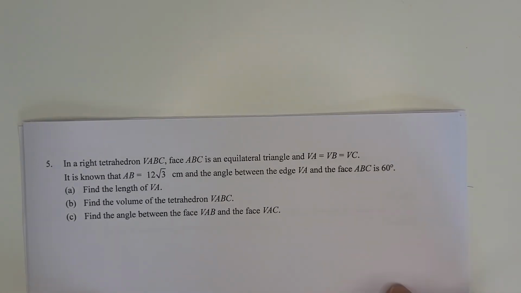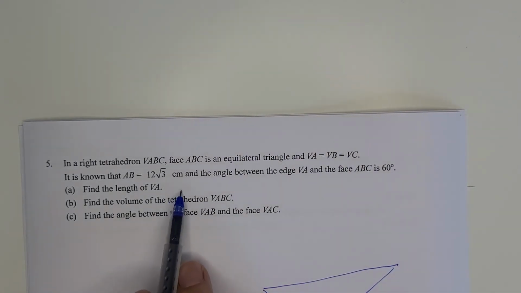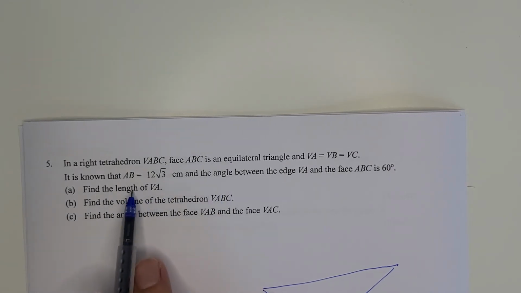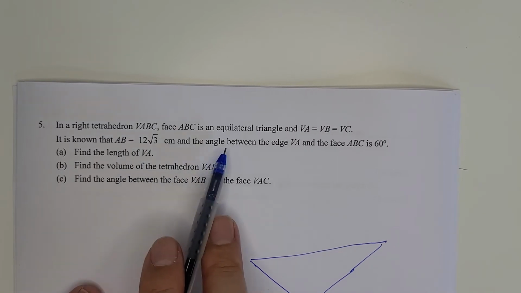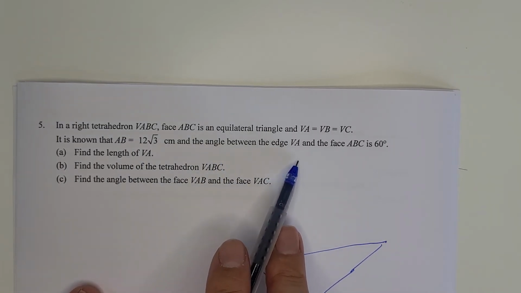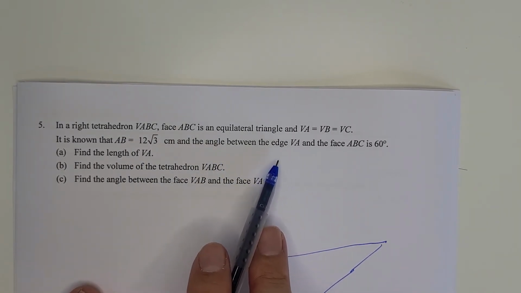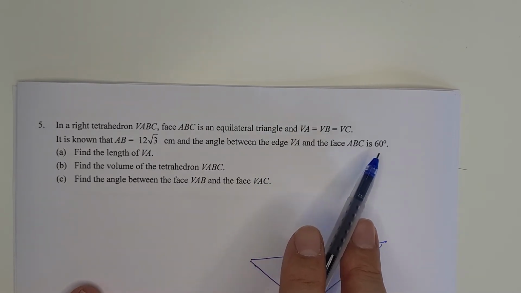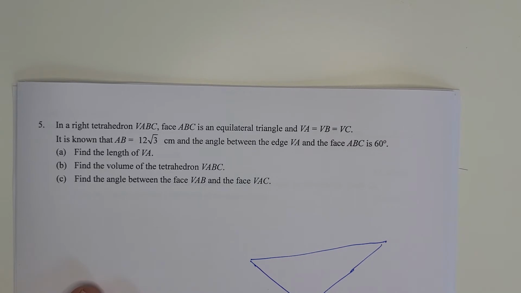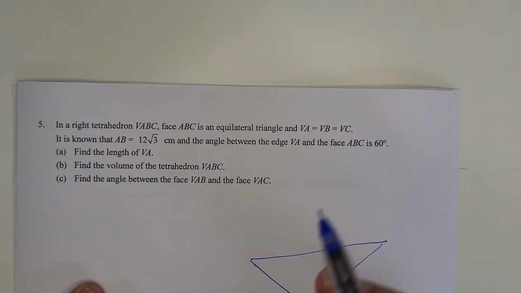It's known that triangle ABC is an equilateral triangle with AB equal to 12 times square root 3, and the angle between the edge VA and the face ABC is 60 degrees. So we need to find the length of VA.